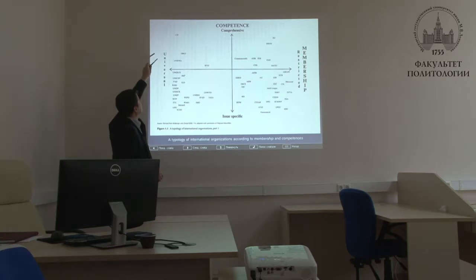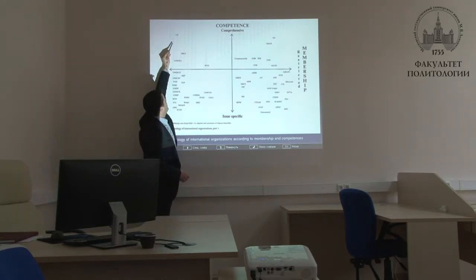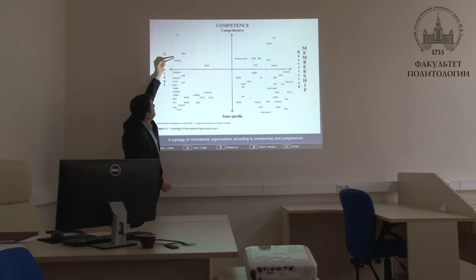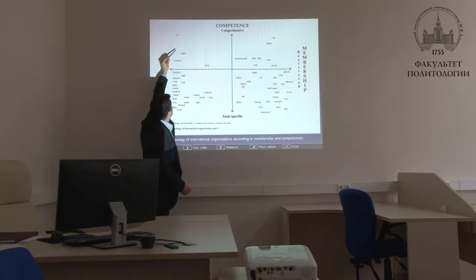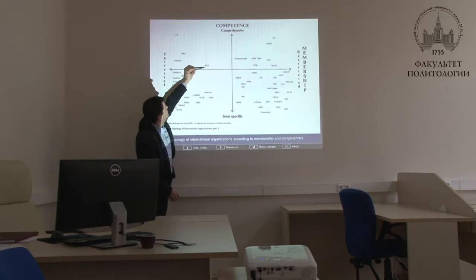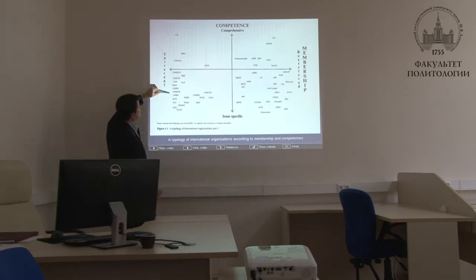In the universal competences, you have right up the United Nations. A little bit lower, because there are still a lot of competences but not the full comprehensive competences as in the UN, you have the IBRD, the UNRWA, and the WTO. Then you have issue-specific organizations like UNESCO, IMF, ILO, FAO, and so on.